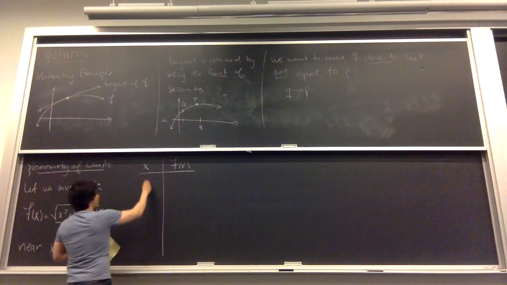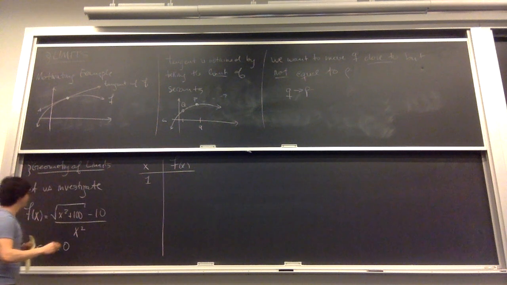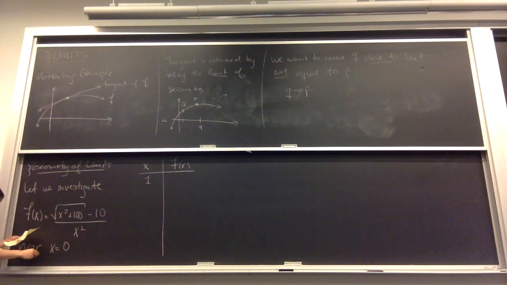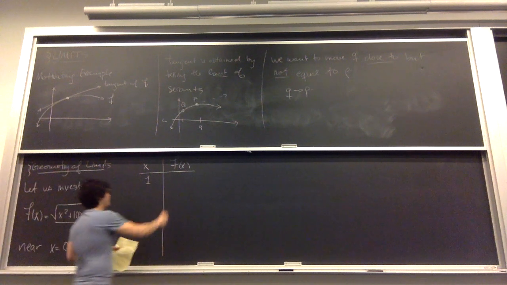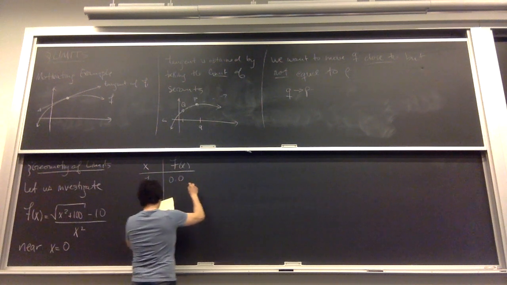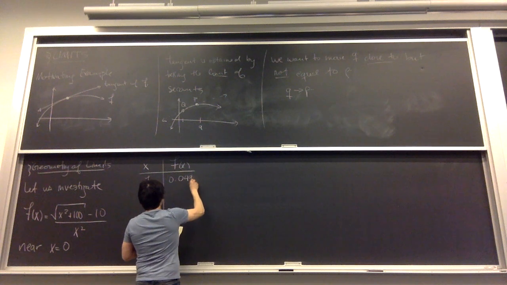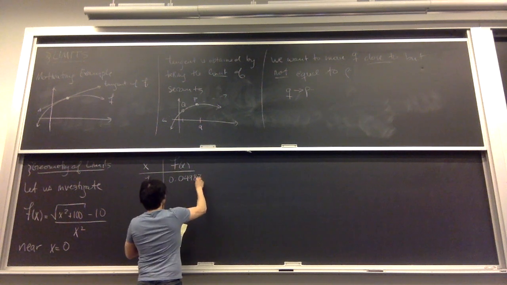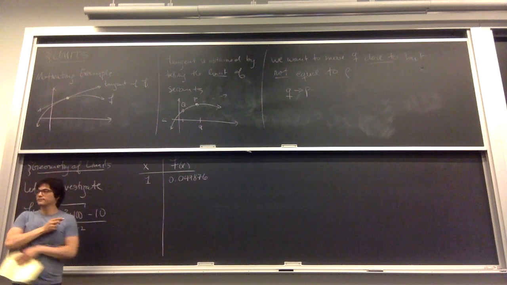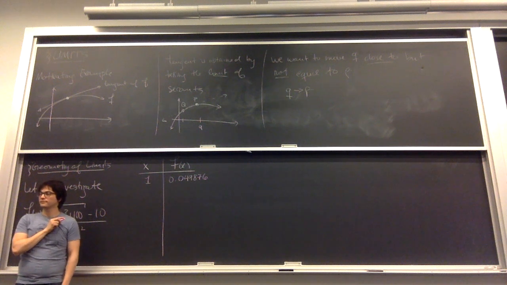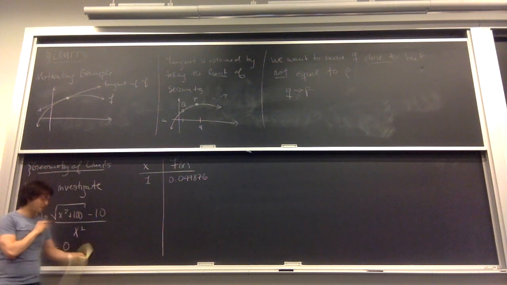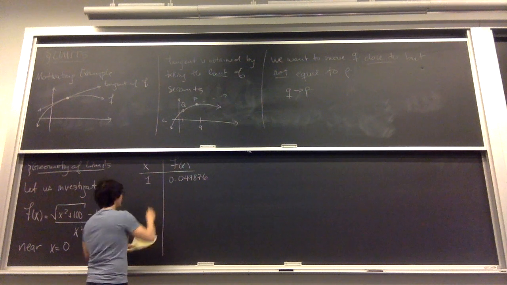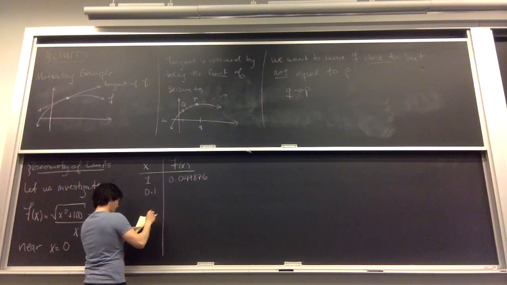Okay, so let's do this. If x is 1, what's f of x? You just tell me if you get this. Okay, I'm going to draw a few more. 0.1.